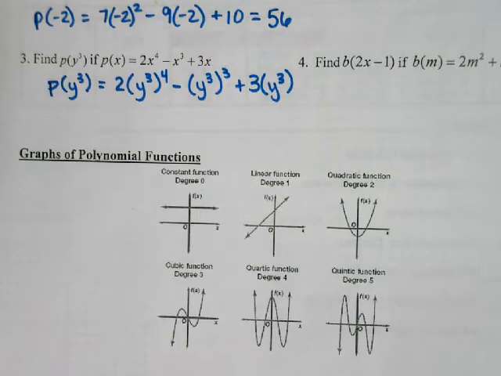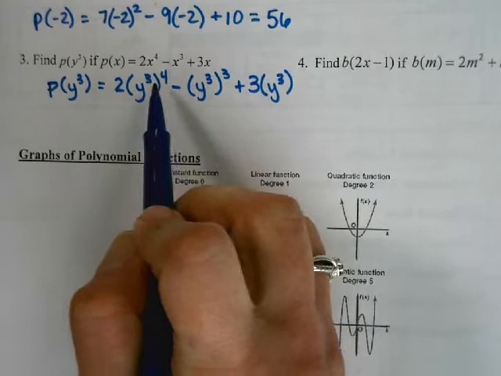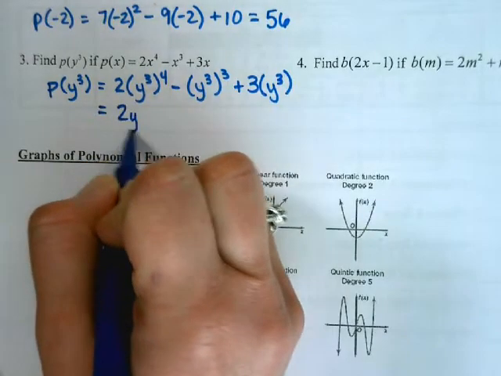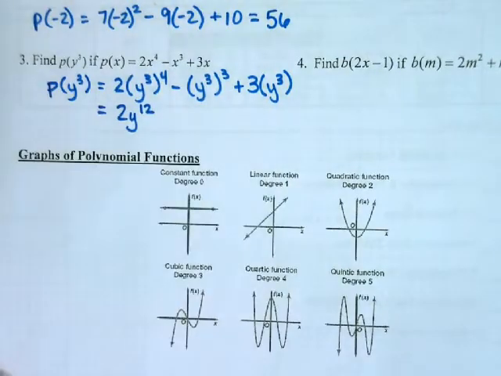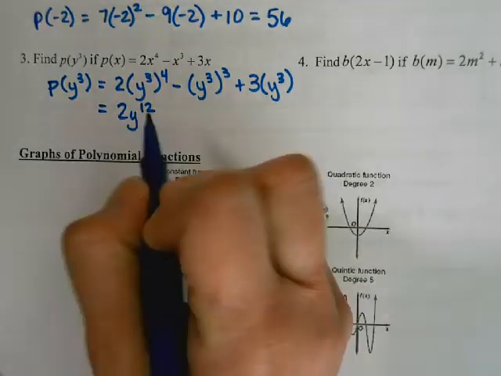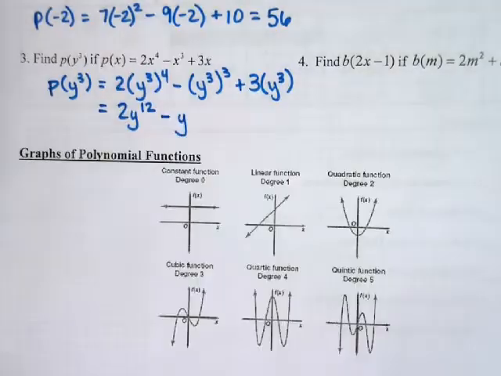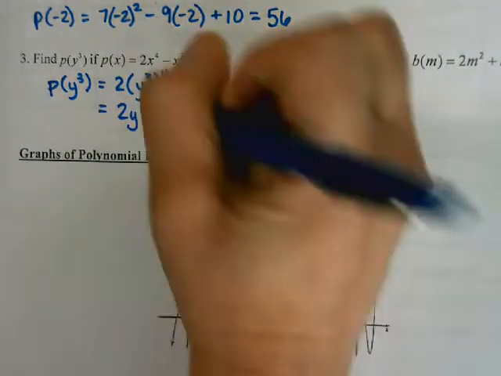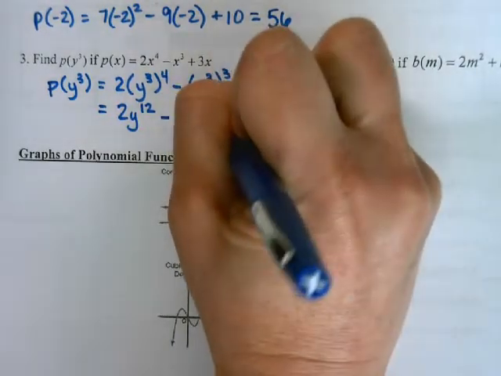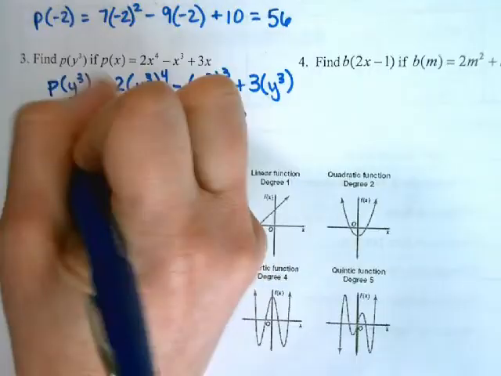Power to a power, what do I do with my exponents? Multiply, right? Power to a power, we multiply. So this becomes 2y to the 12, minus y to the 9, plus 3y to the 3rd.